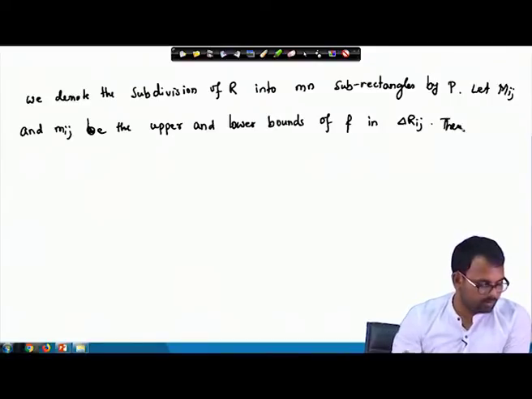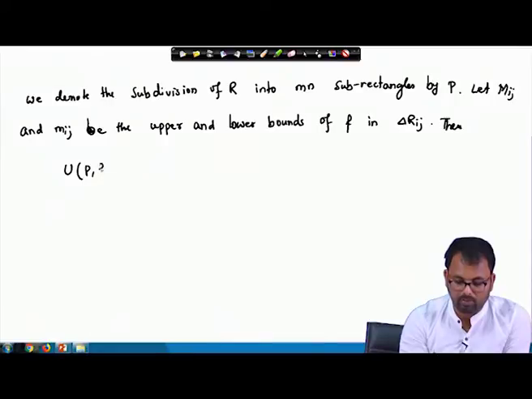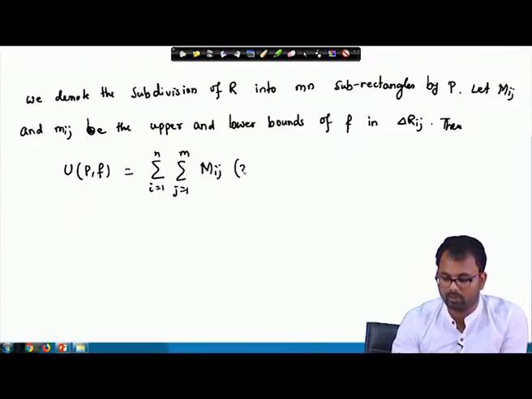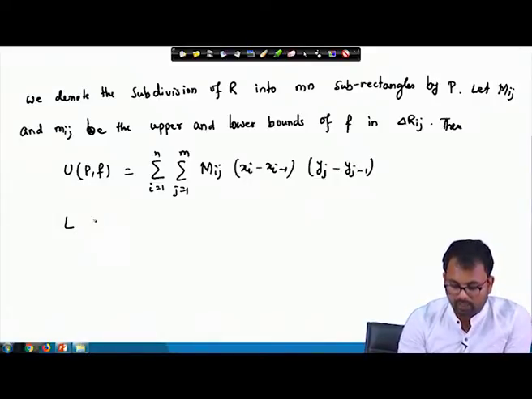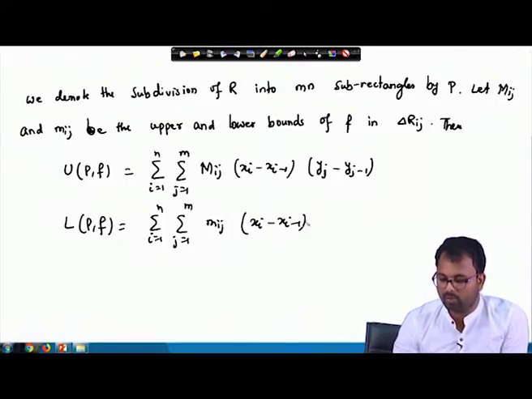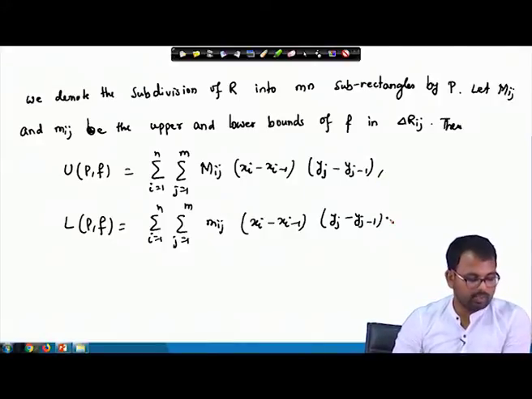Then we write the upper integral sum, UPF, equals the sum over all i running from 1 to n, sum over all j running from 1 to m, capital M i j times (x i minus x i minus 1) times (y j minus y j minus 1), and we define LPF, the lower integral sum, as the sum with i running from 1 to n, j running from 1 to m, small m i j times (x i minus x i minus 1) times (y j minus y j minus 1). Now, let us put a comma here.